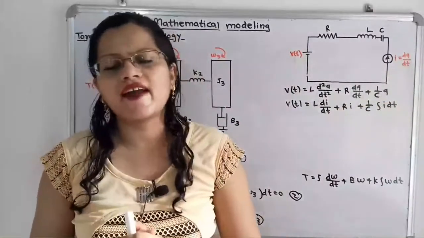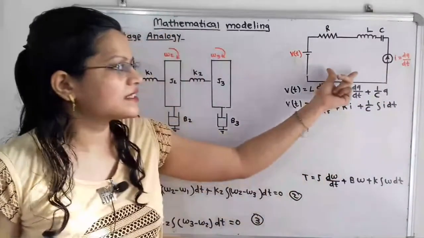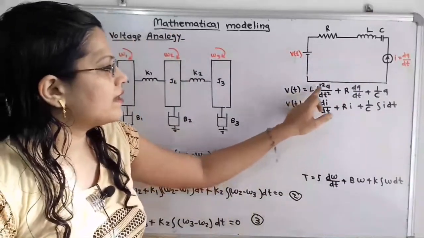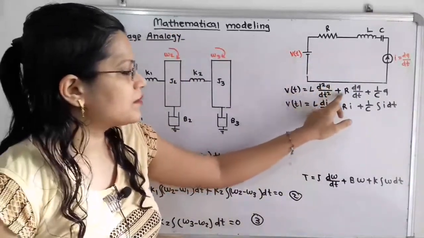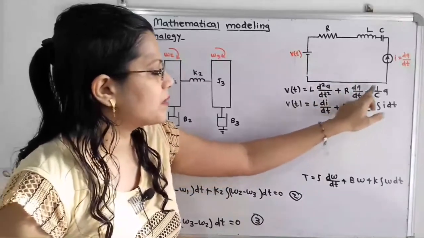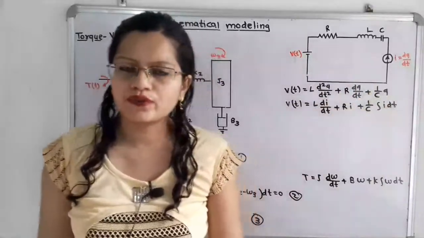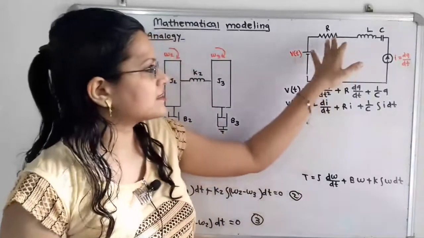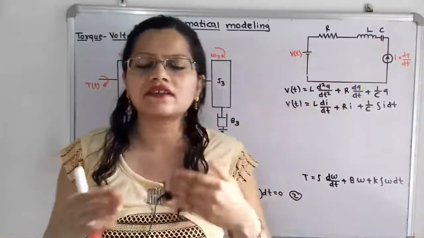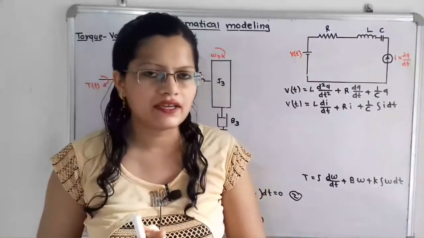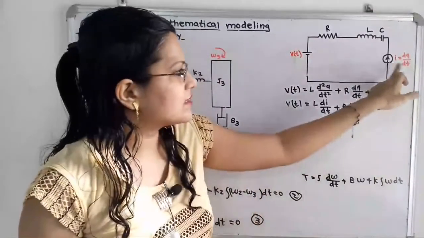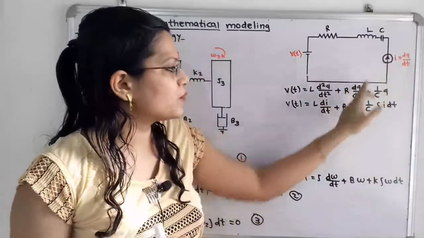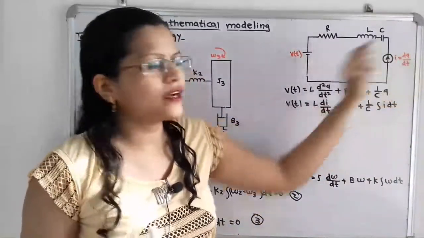Now how can we write the equation for this electrical network? So V of t is equal to L d square Q by dt square plus R dQ by dt plus 1 by C into Q. But we have to define all these elements, that is resistor, inductor, capacitor, in terms of current I. And current I is dQ by dt. So instead of dQ by dt we can put here I. And what about Q?